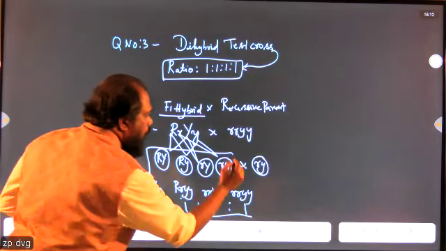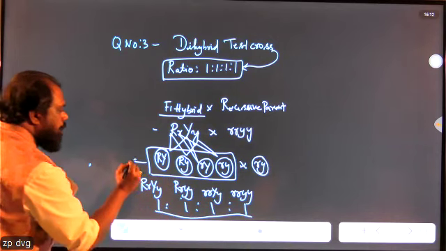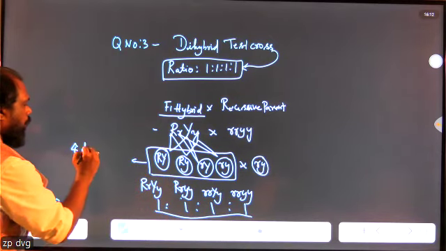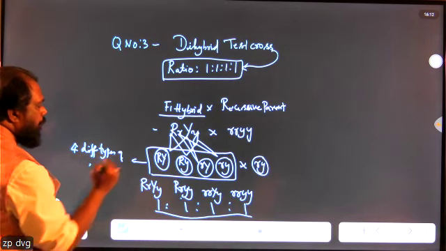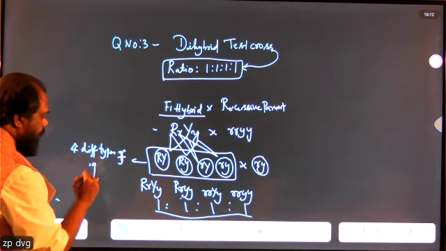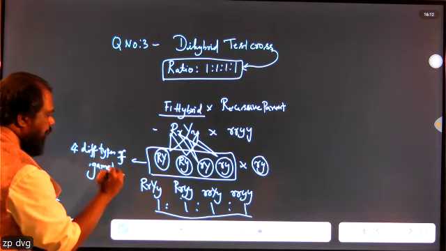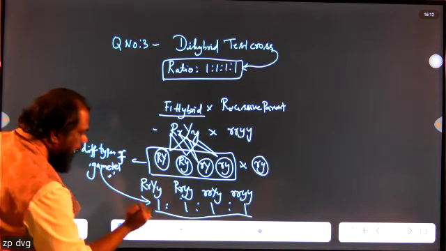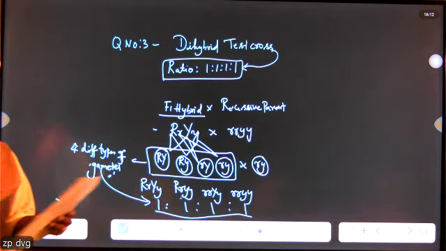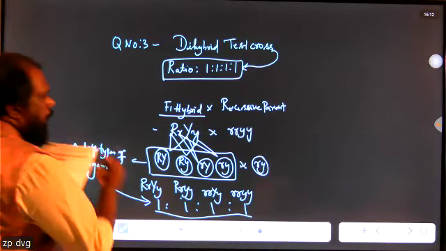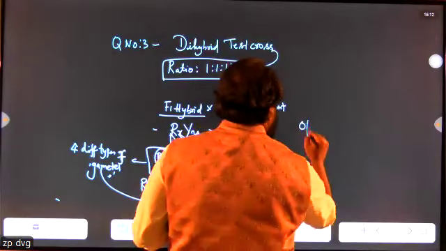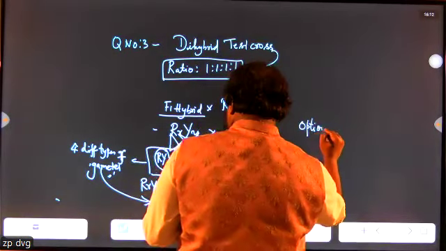So why are you getting 1:1:1:1? Because you are getting 4 different types of gametes. Because of this reason, you are getting the ratio 1:1:1:1. Therefore, the correct option for question number 3 is option 3.